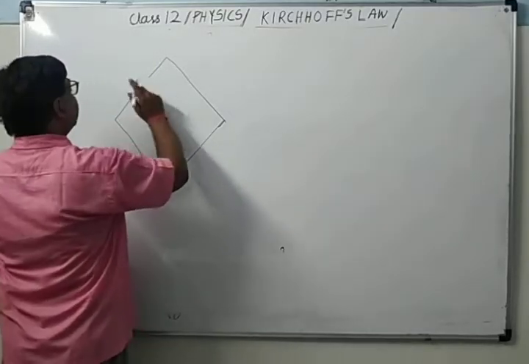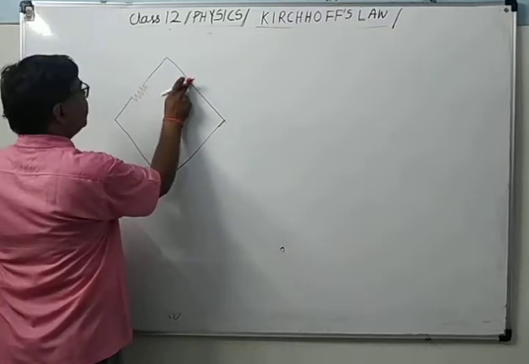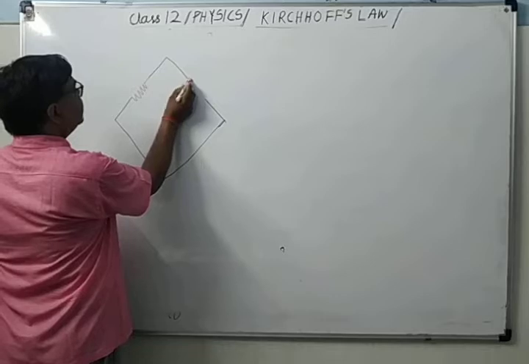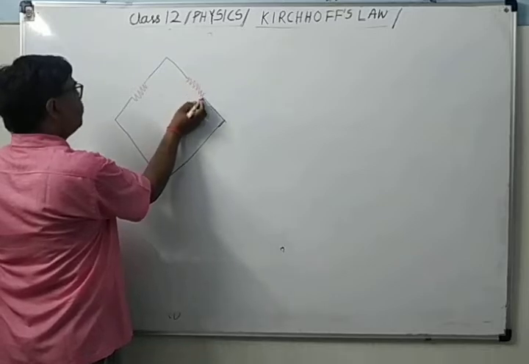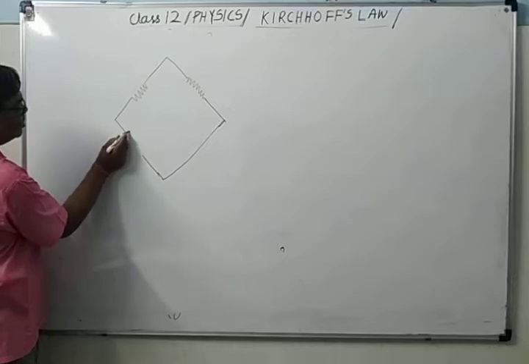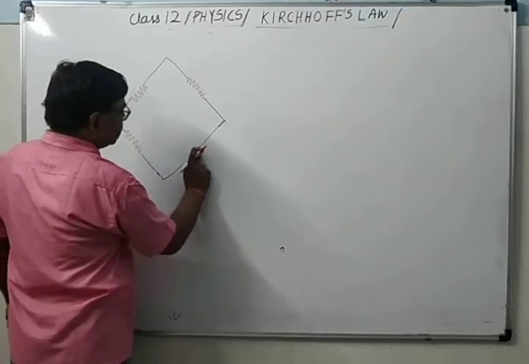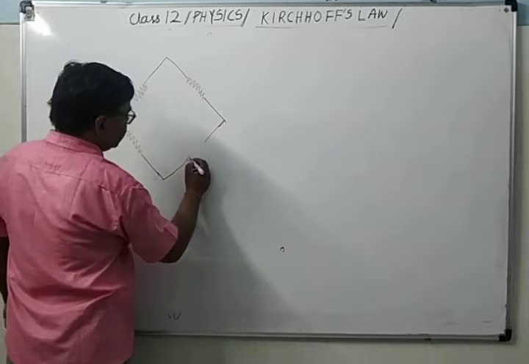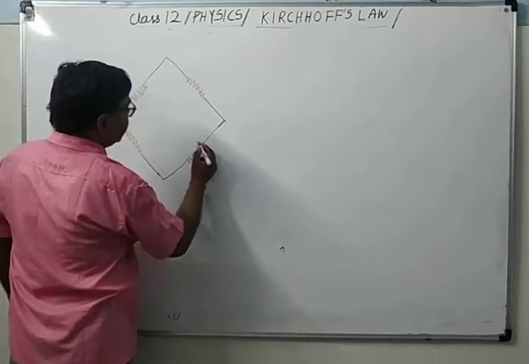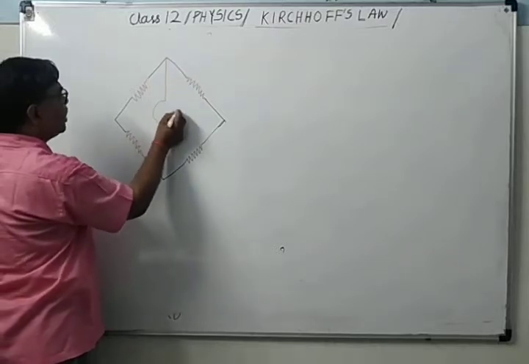Here let one resistor be connected this way, another along this arm, the third along this side, and the fourth along this side. Across one diagonal, a galvanometer is connected.